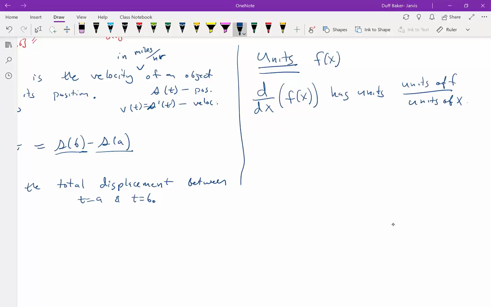So there we divided by units, because f has units of f.